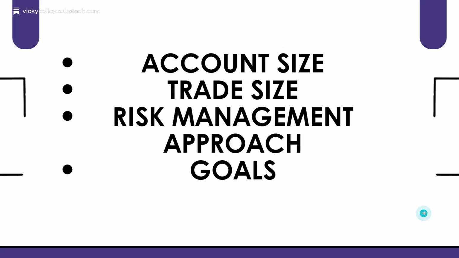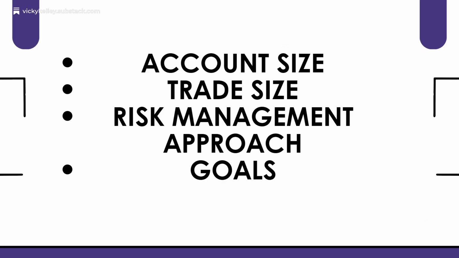And there's a few reasons why. First of all, whoever developed that indicator, that system, they have no idea what your account size is. You could have $5,000, $50,000, or $500,000, and all of those things are going to make a difference in how you execute using that indicator or that system. They can't give you an idea about your trade size if you are using a different instrument.